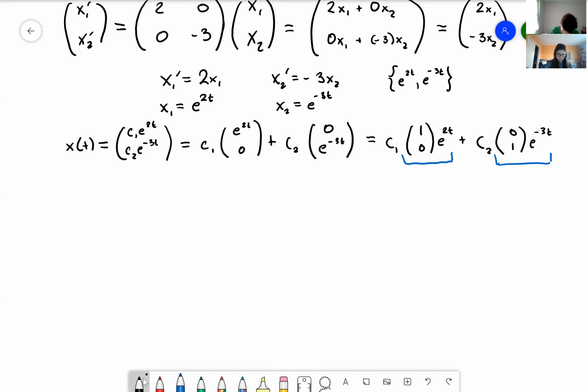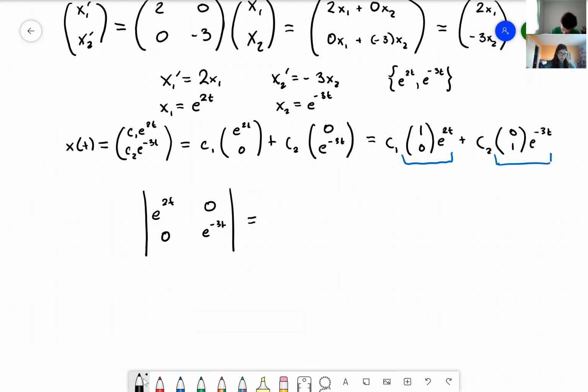Now we can do a similar thing here to what we did before, which was to determine if these are independent from each other. The sense of independence that we use here, we also call it the Wronskian, but it's basically stacking these columns together and looking at the determinant of the matrix. So the matrix will be e to the 2t, 0, 0, e to the minus 3t. We're going to compute the determinant of this to get the Wronskian.